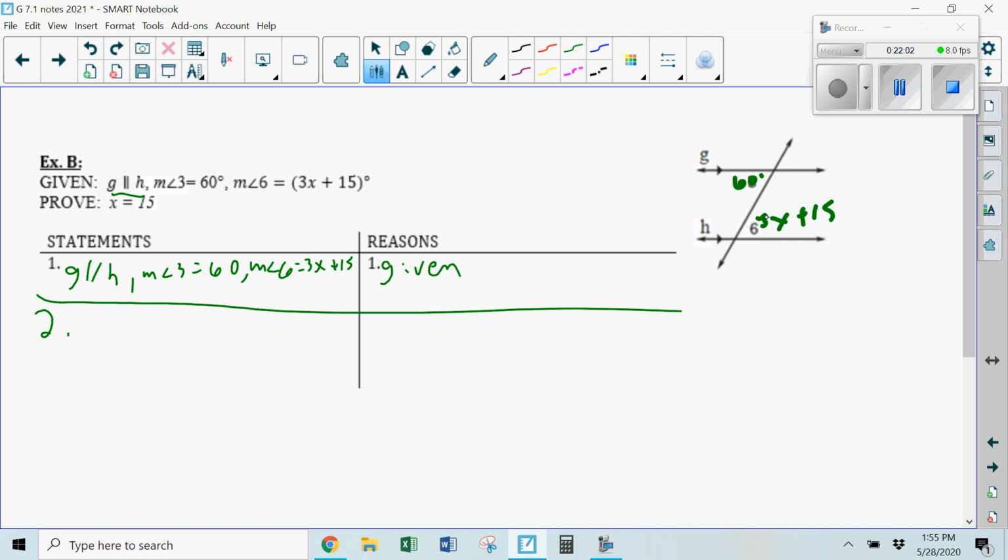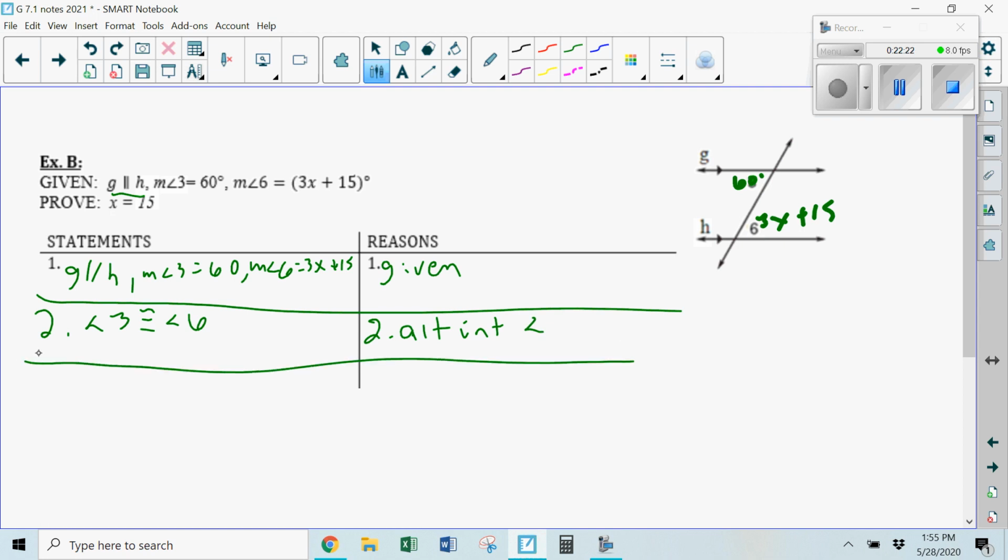Here's how we write that. Angle 3 is congruent to angle 6. How did we know 3 was congruent to 6? Because they're alternate interior angles. Now let's do some substituting.